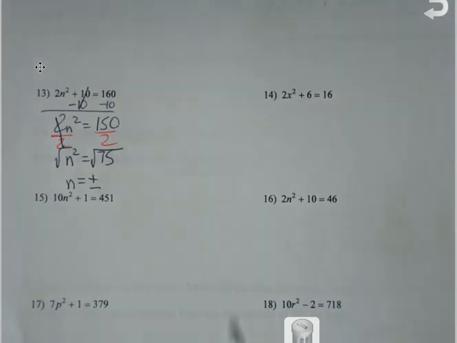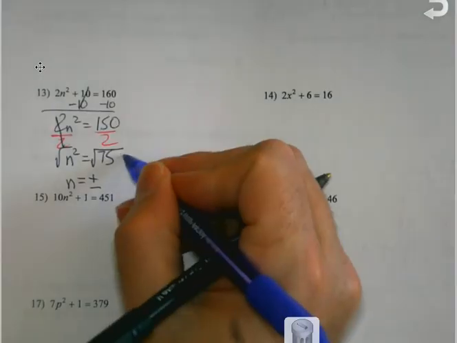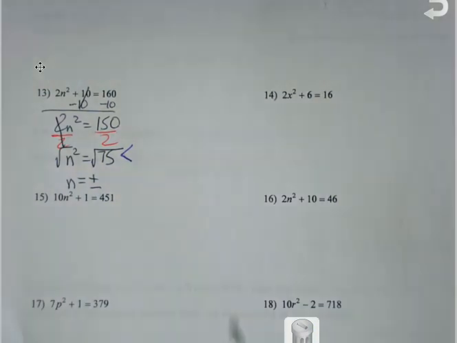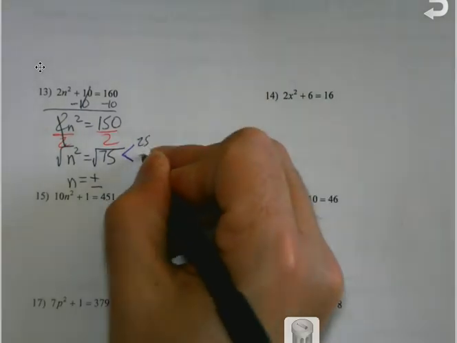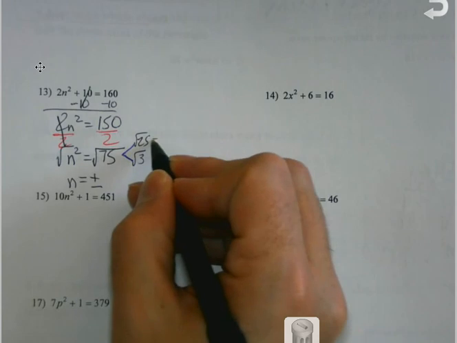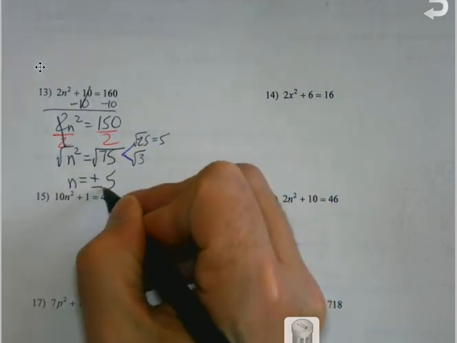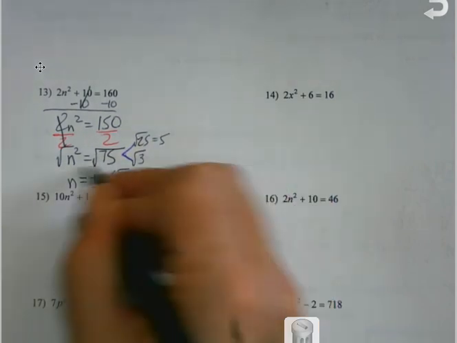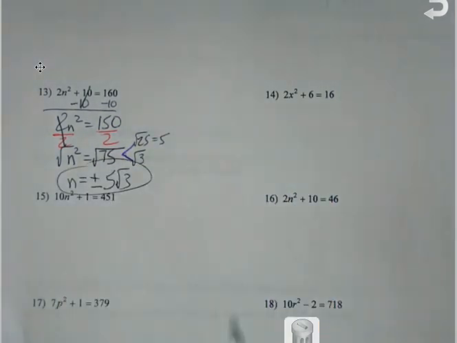Okay, it didn't come out nice. 75 is not a perfect square. Are there two numbers, though, I could multiply, one being a perfect square, where I could break this down? Okay, 25 and 3. Always have that list ready. Square root of 25 is 5. 3 stays underneath. I'm good. That can happen sometimes.